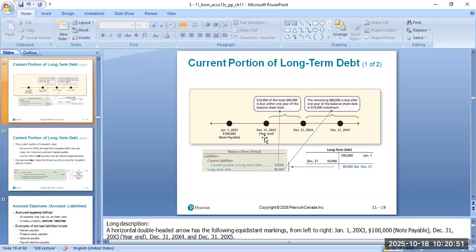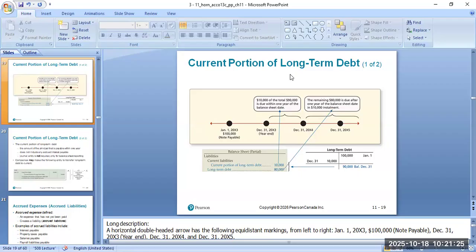Now, the long-term debt. What's interesting with the debt is that debt which is due in more than a year is long-term. But imagine this. I owe $30,000, which I have to pay at $10,000 every year. So how can I present this liability on my financial statements?